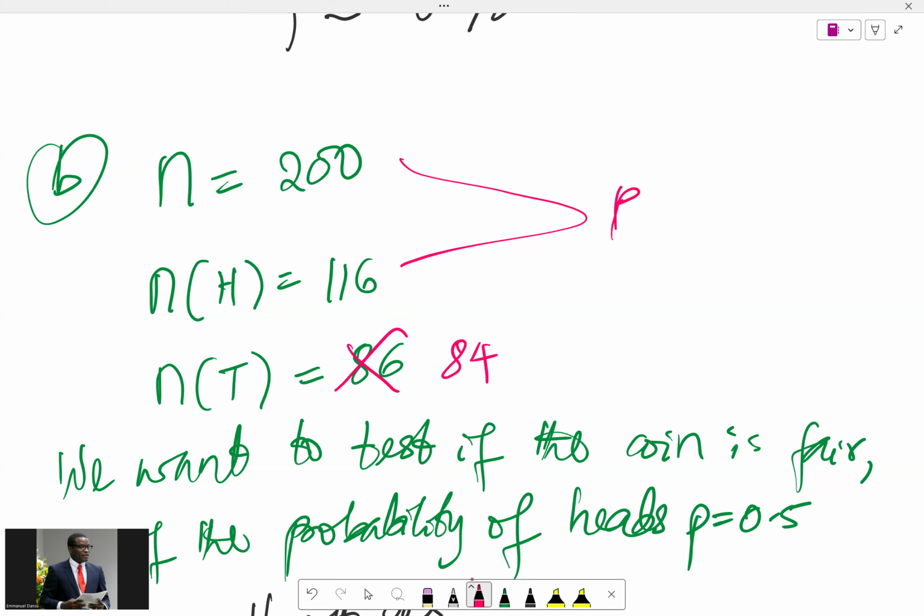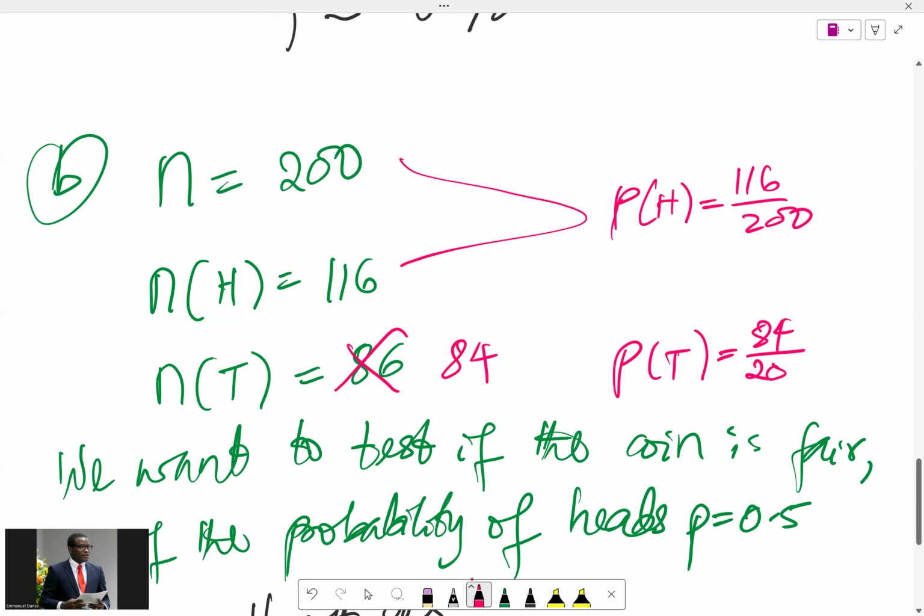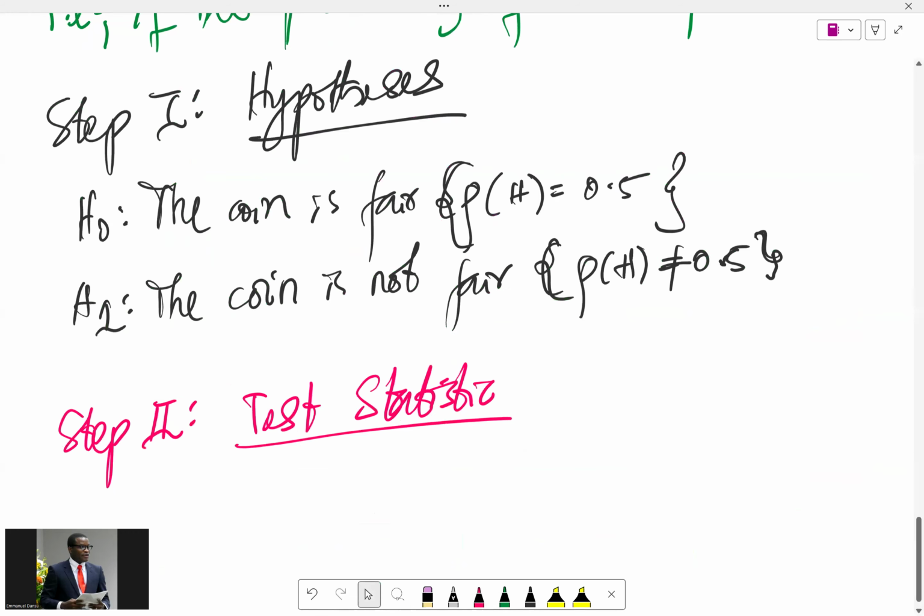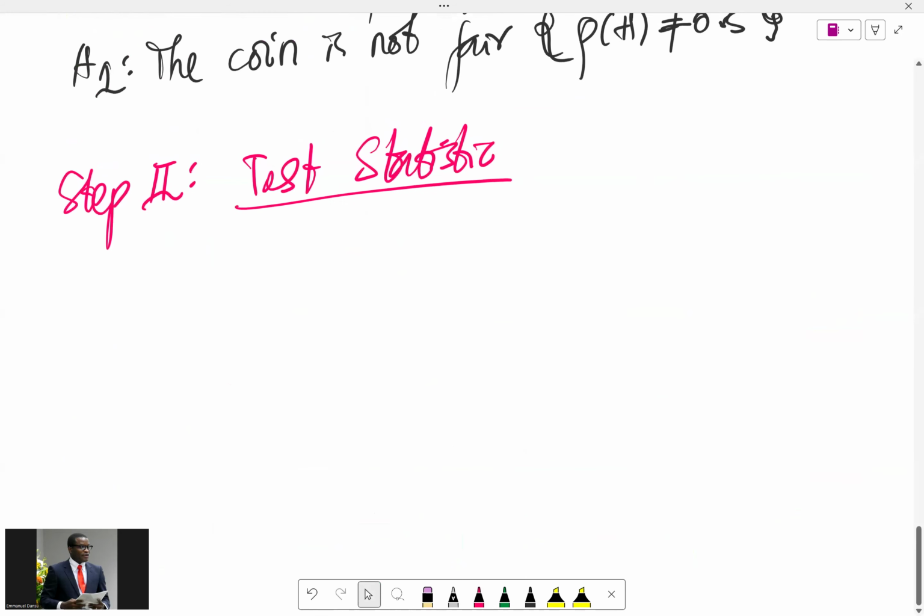So the proportion of heads will be like 116 over 200, and the proportion of tails will be 84 over 200. That's still probability in a way, right? So we'll come to that later.